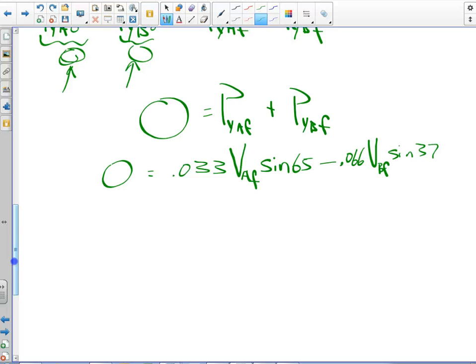Let's not do too many steps. Let's see, minus 0.0397 VB final. And then I have 0.033 times the sine of 65. So that's going to be 0.0299 VA final.